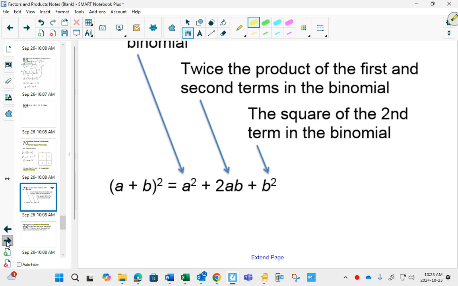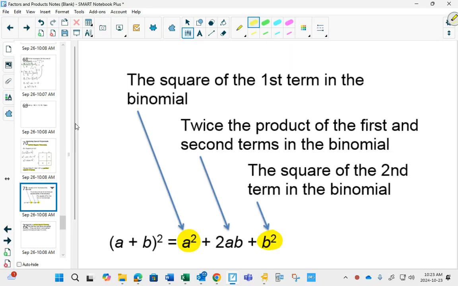What always happens is that this is a perfect square and this is a perfect square. In other words, those are both square numbers. And what we're going to do today is look for that as a possible shortcut in level 5 factoring questions.